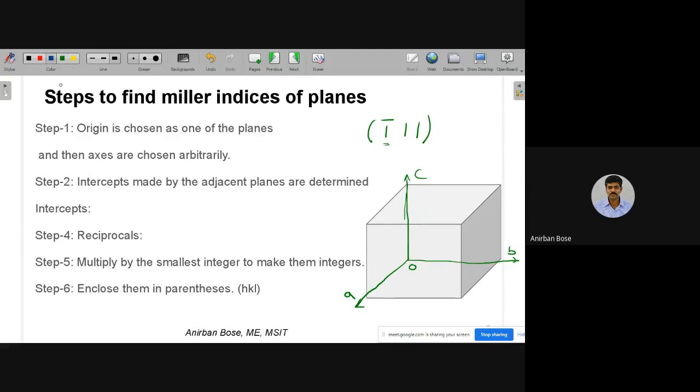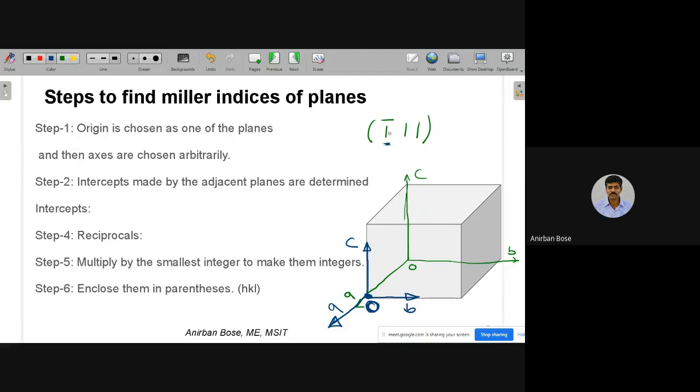So let us shift the origin to a new origin. Because the first coordinate, the A coordinate, is negative, our new axes are C, B and A, and this is our new origin. So now you have to consider this as the origin and do everything from here.